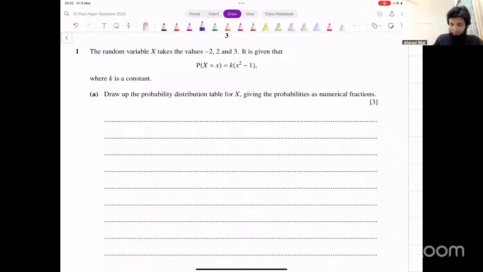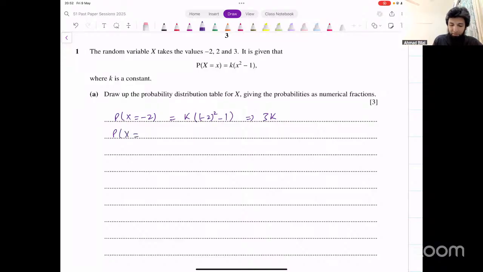Okay, now how do we do this? First of all, let's find out the probabilities of these possible values. What's the probability of getting X equals -2? Let's just input in the formula and see what that gives you. k into (-2) whole squared minus 1. What does that simplify to? 4 minus 1, that is 3. 3 times k. That's the probability of X being equal to -2.